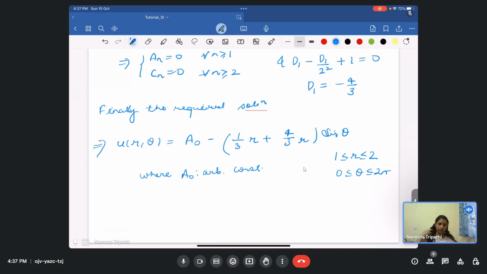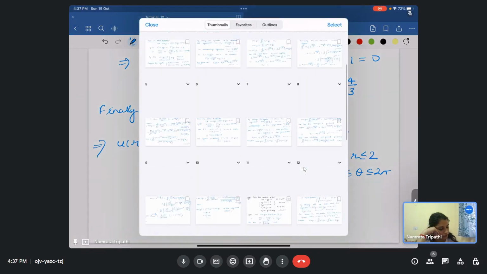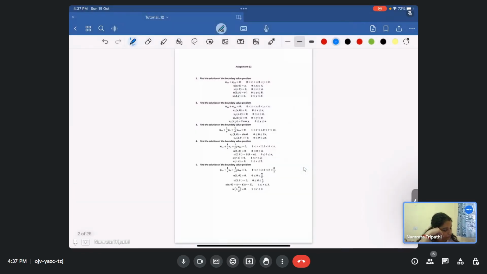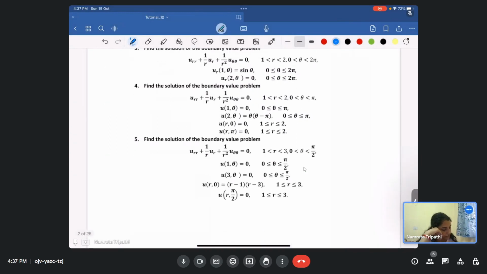Is there any doubt in this question? So we have two problems, but we have 20 minutes left. So tell me which problem you would like to solve, question number 4 or 5?